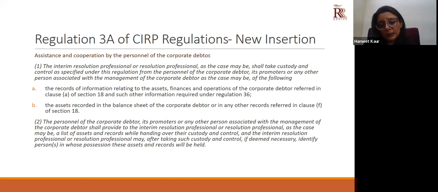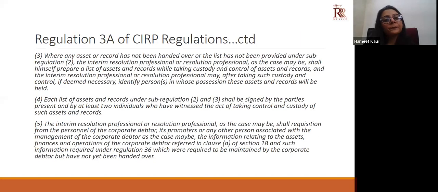The personnel of the CD, promoter, or any other person associated with the management shall provide the IRP/RP a list of assets and records while handing over their custody and control, and the IRP or RP may, after taking such custody and control, if deemed necessary, identify persons in whose possession these assets and records will be held. Right? So this is also very important, that IRP shall identify the person in whose possession these assets and records will be held. So this has to come on record.